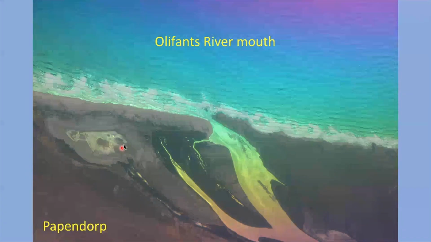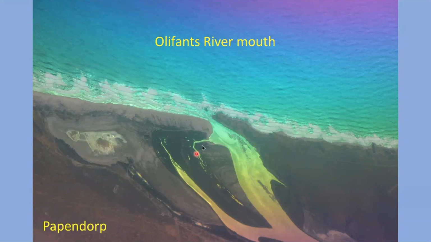Here's a salt pan to the left, this white area. And here's the salt marsh area from the inflow of seawater periodically. And then here's the proper river here. And as I mentioned, the saltwater wedge can also extend quite far up the Olifant's river.